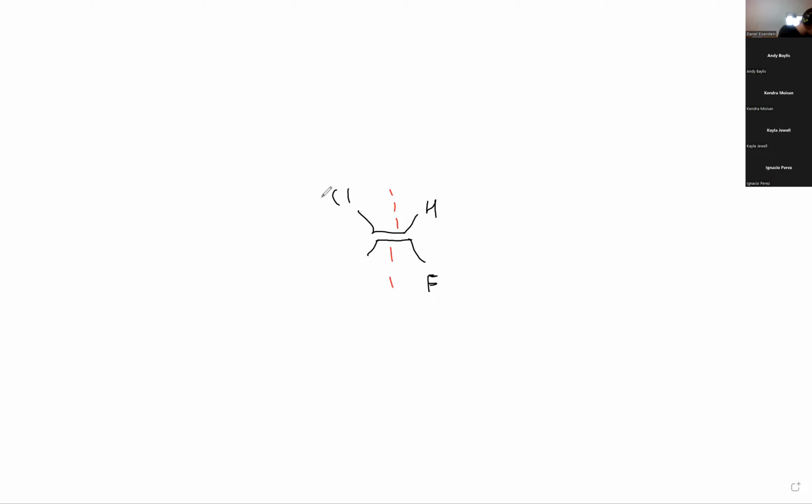Then you are going to number the substituents on each side using the same rules that we were just using. Once you do that, you're going to take another line, draw it parallel. And then you are going to say, where is number one to each other? Are they on the same side of the blue line or opposite? If they are on the same side of that blue line, they are going to be Z. If they are on opposite sides of the blue line, they are going to be E.